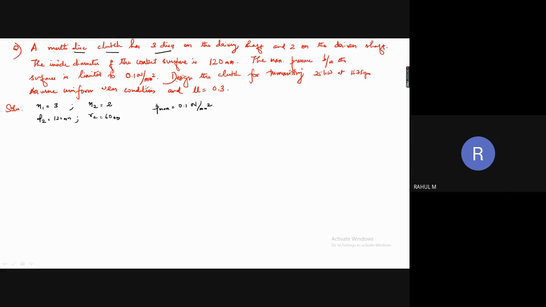Design the clutch for transmitting a power of 25 kilowatt at a speed of 1575 RPM. Assume uniform wear condition and take the coefficient of friction mu as 0.3. So you are asked to design the clutch.